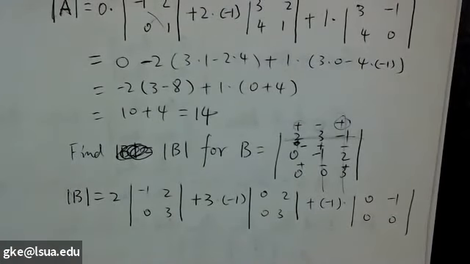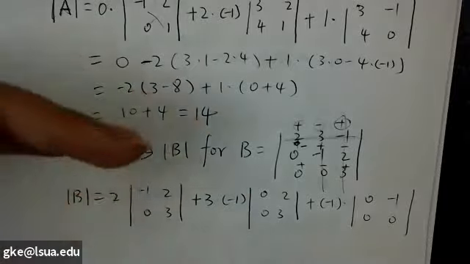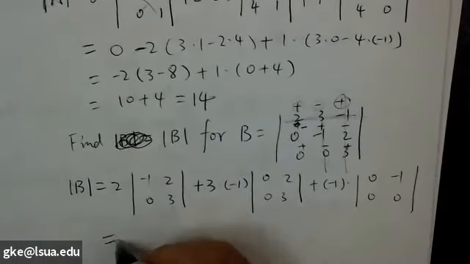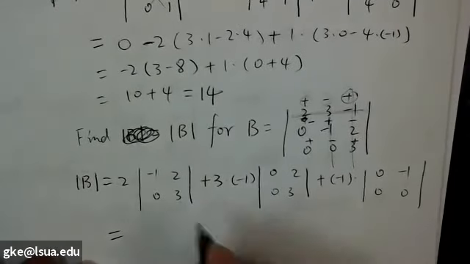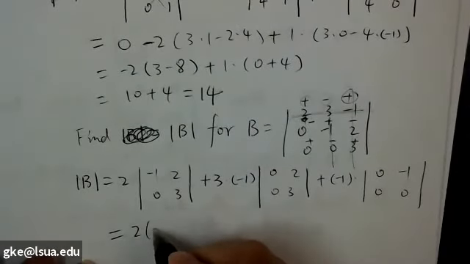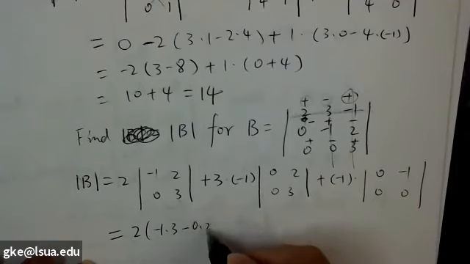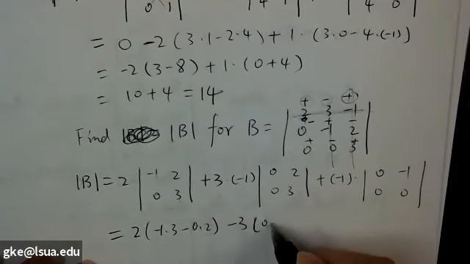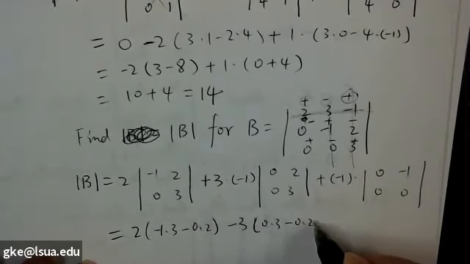We expand B according to the first row. So we have 2 times (negative 1 times 3, 0 times 2), here's a negative 3, 0 times 3 minus 0 times 2.